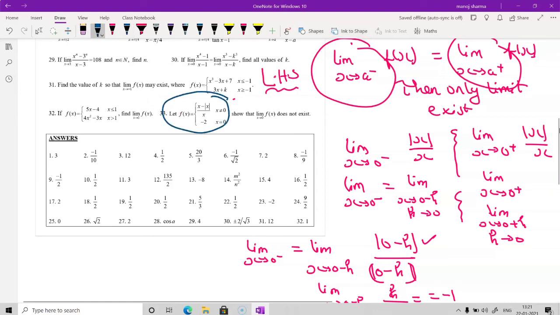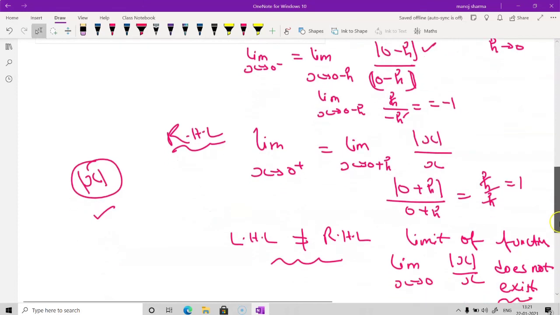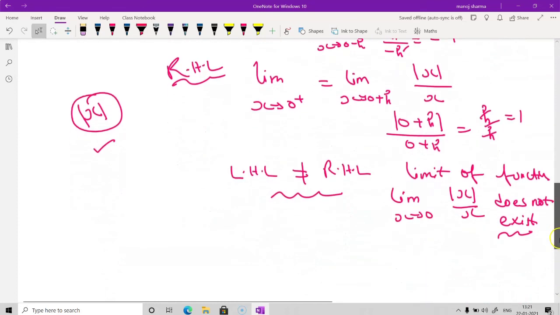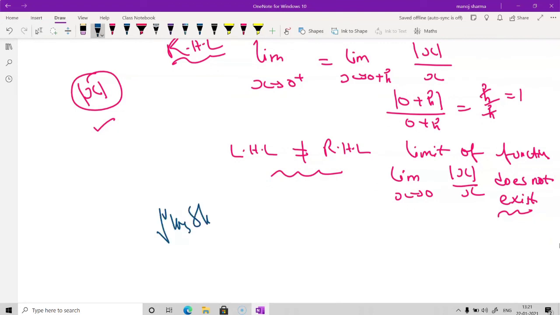You have to apply this common sense over here, in this particular question. So I hope things are clear to you, and these kinds of concepts will definitely give a boost to your basic mathematics. So all the best. In case of any problem, you can always speak to me. Thanks a lot.